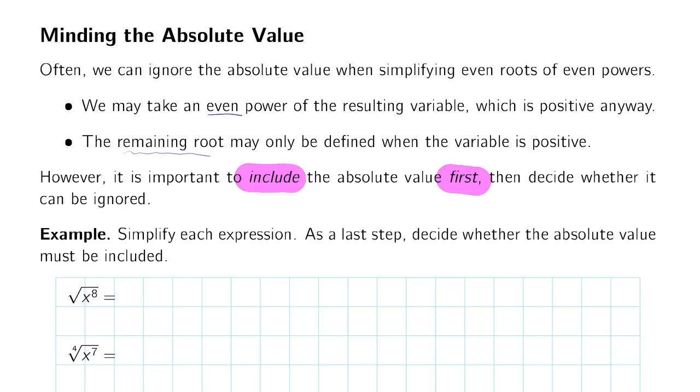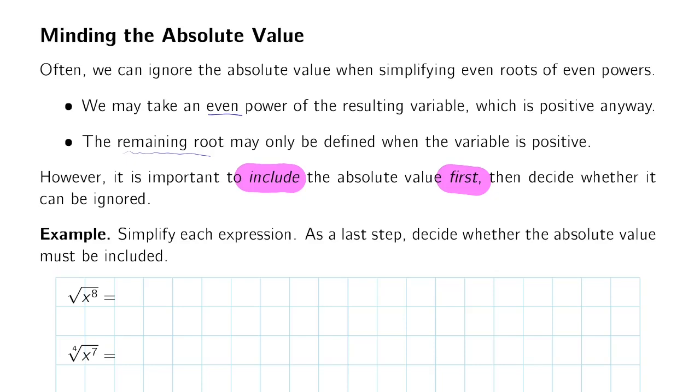Your work should always show that you had the absolute value and then decided to drop it when you've taken an even root of an even power. And as far as this class is concerned, you never need to decide to drop it. But let's see a couple of examples to consider where we can drop it and where we can't.